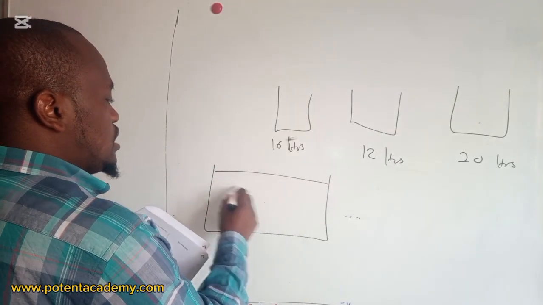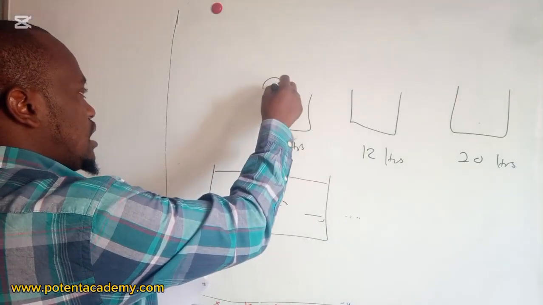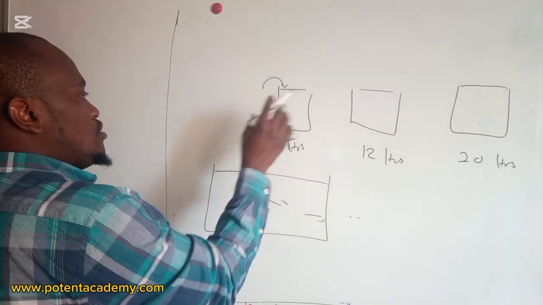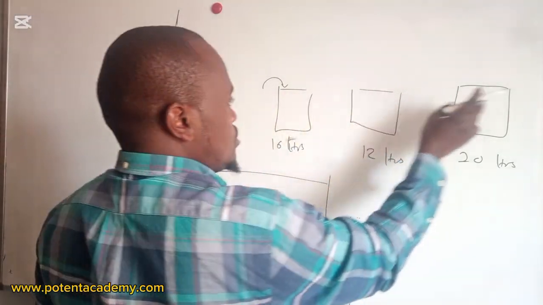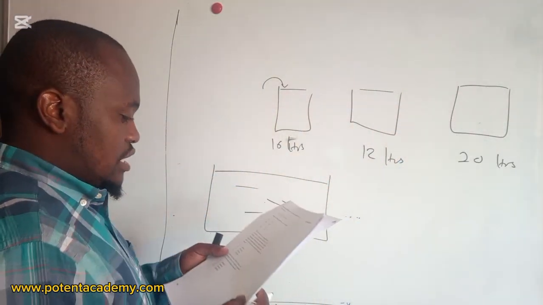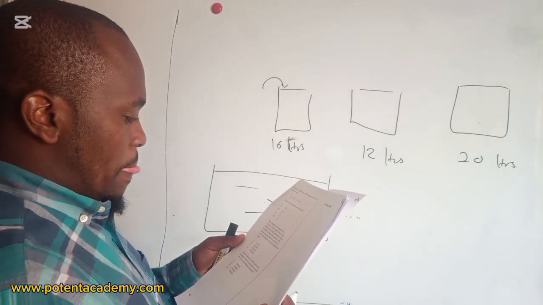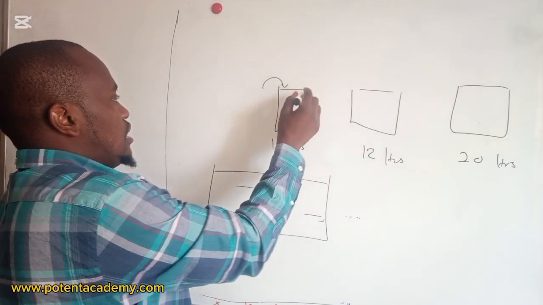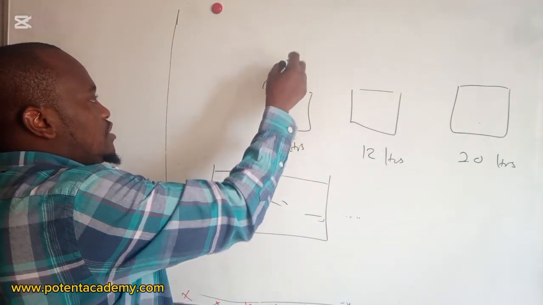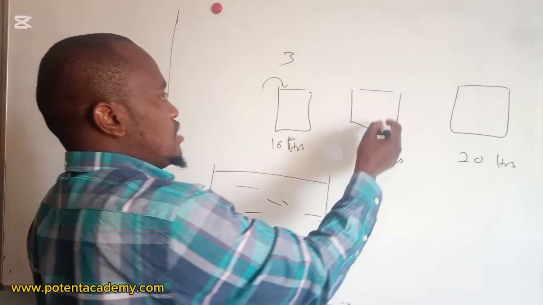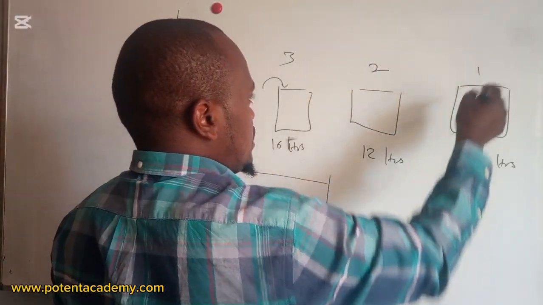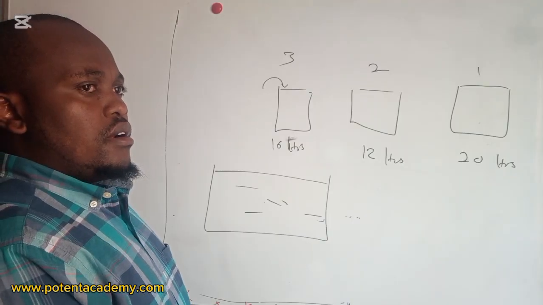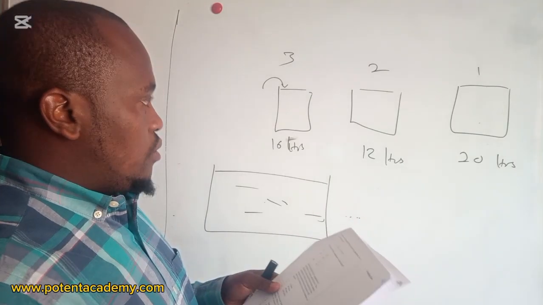So you have this container that you are going to fill with water an exact number of times. You fill 16 liters, you fill 12 liters, you fill 20 liters. You fill containers of 16 liters, several, maybe 3 or 4. These ones maybe 2, maybe 1. So what's the concept?